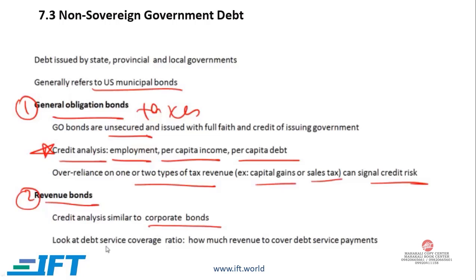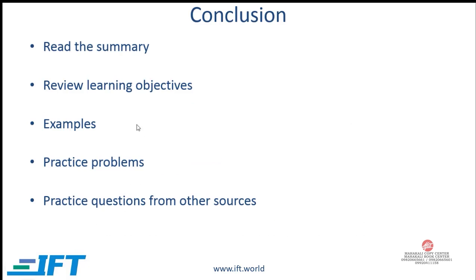One of the most important ratios that we look at here is the debt service coverage ratio, which is essentially the revenue divided by debt service payments. If this ratio is relatively high, that's a positive sign and implies that the entity will be able to repay the investors. As always, go over the summary, review the learning objectives.